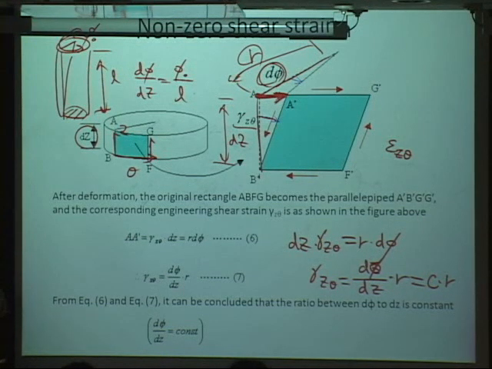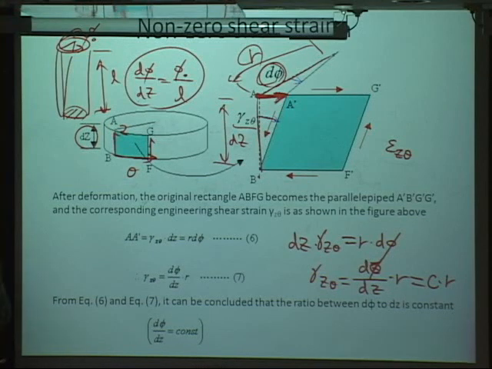Total, these are the relations. d phi dz is simply the unit angle of twist corresponding to a unit length. That is the C. Okay, that is the C, as you can see here.